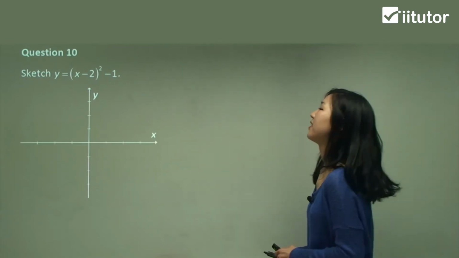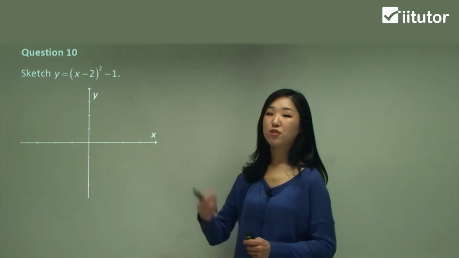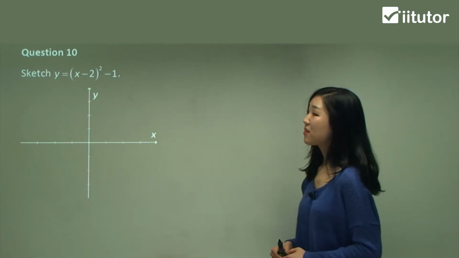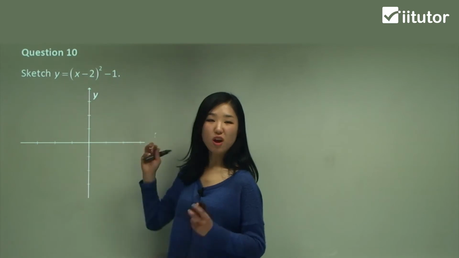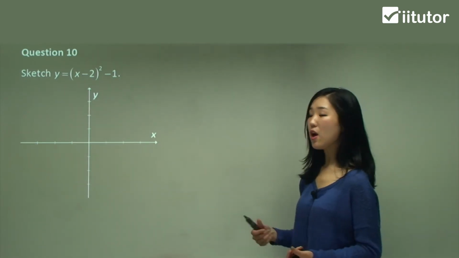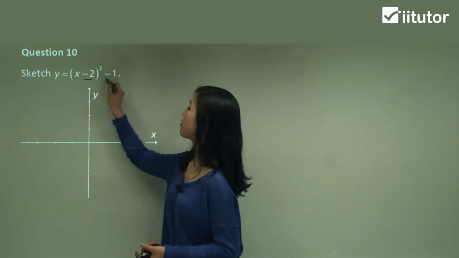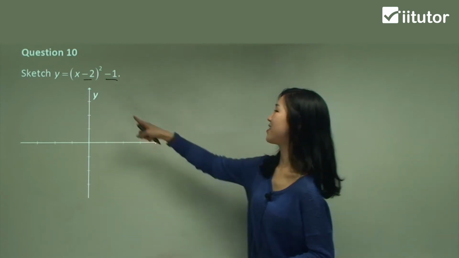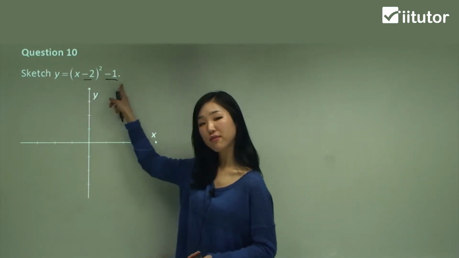Question 10. y equals (x minus 2) squared minus 1. Very similar, it's just that the numbers have altered a little bit. Again, we're going to look for the vertex. Consider these two numbers to find the coordinates of your vertex. Consider this one for your x, consider this one for your y.